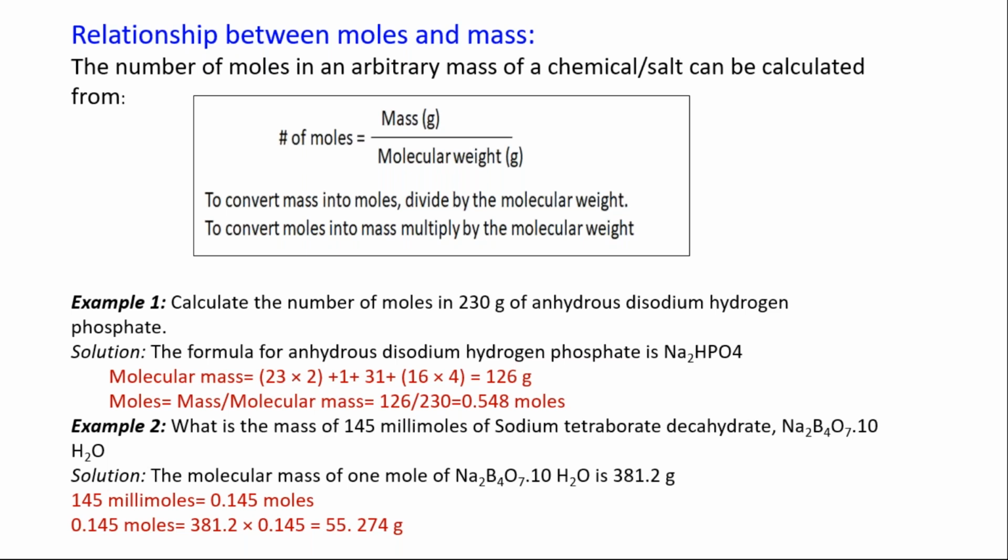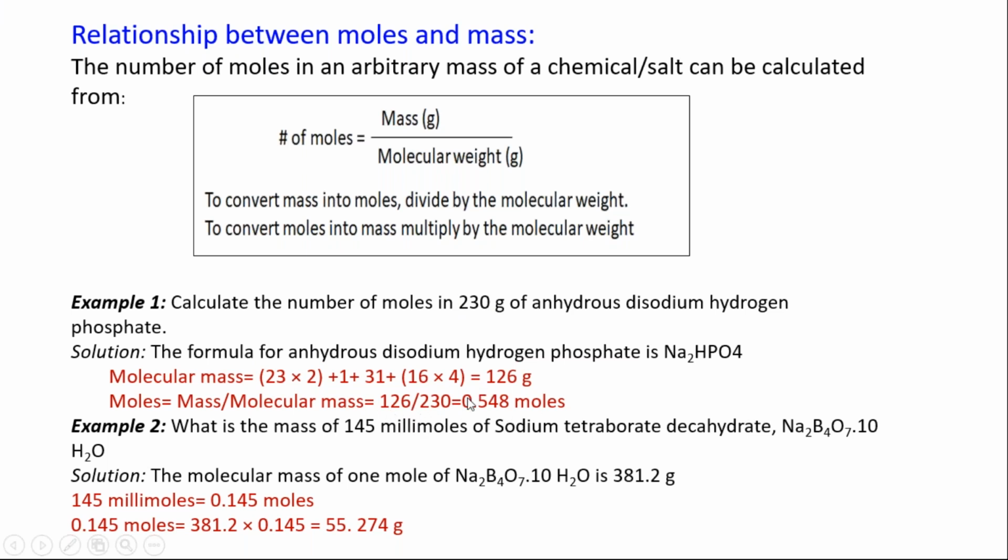Okay, I'm sorry, there is a mistake. The mass is given, it should have been 230. The mass should be divided by 126. So you see, in the last step, I have made a mistake. It should be the mass, which is 230, divided by the molecular weight, which is 126.